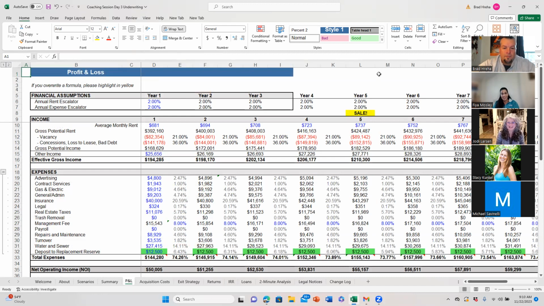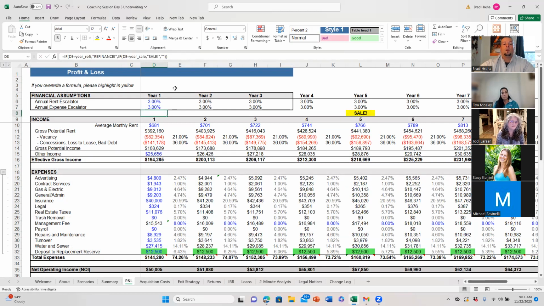So here is our profit and loss, our P&L. This is where we're going to start making tweaks to our property to show how we're going to take advantage of the value add. It starts off with a 2%. Normally, I would put these at 3%.